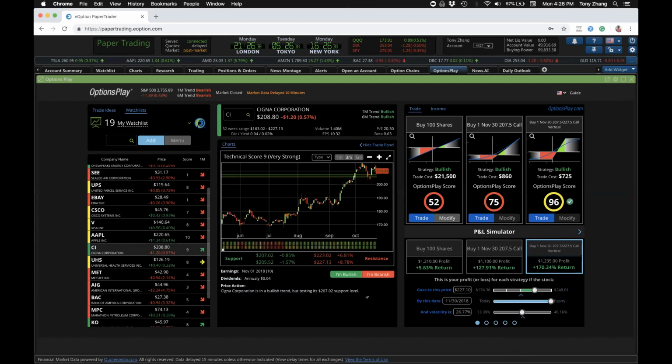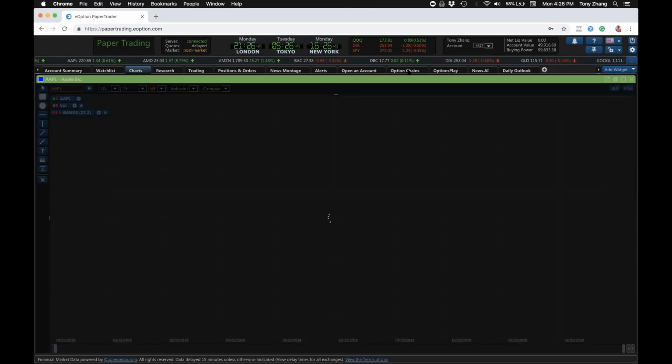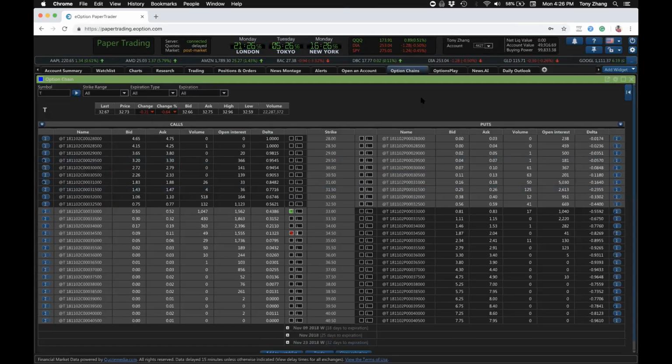One of the things that we notice as options traders ourselves is we spent a lot of time clicking between our charting tab, which gave us our directional view and kind of where we thought the stock was going to go. Once we had that directional view, we spent a lot of time going to the option chains to figure out exactly what strategies to do.